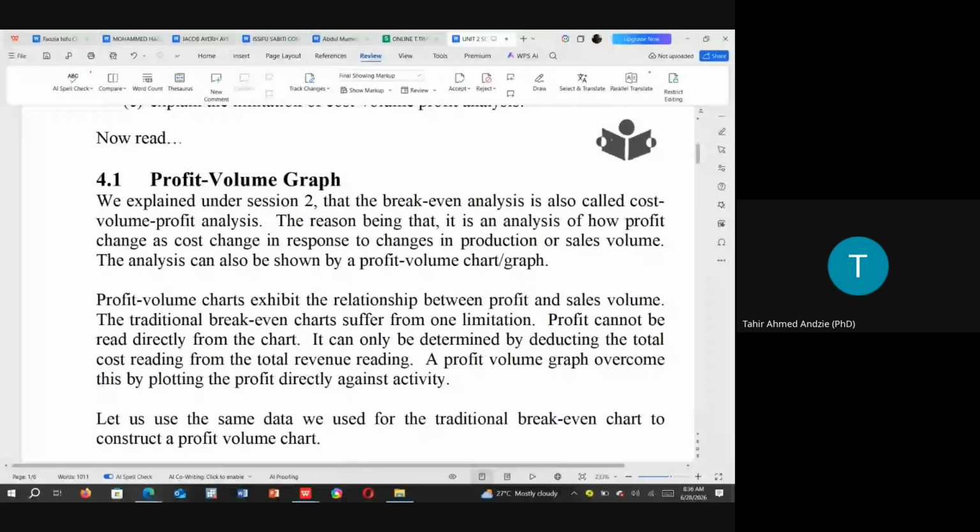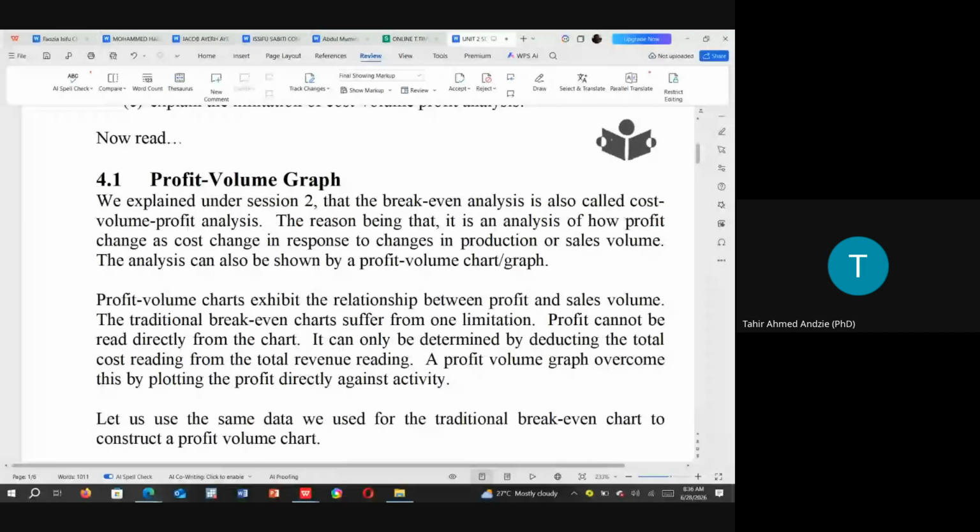It can only be determined by deducting the total cost reading from the total revenue reading. And the profit volume chart overcomes this by plotting the profit directly against the activity.